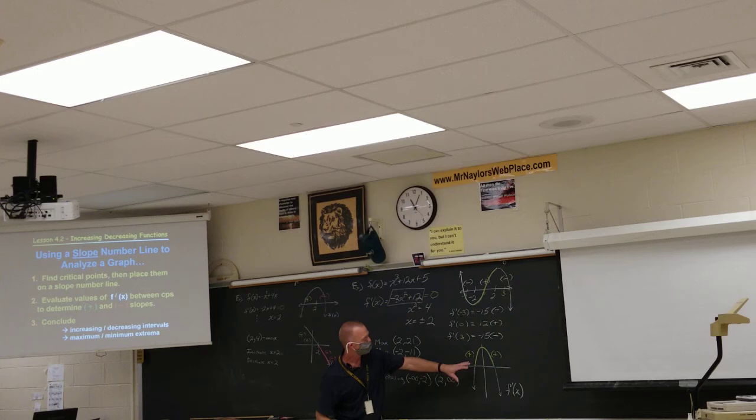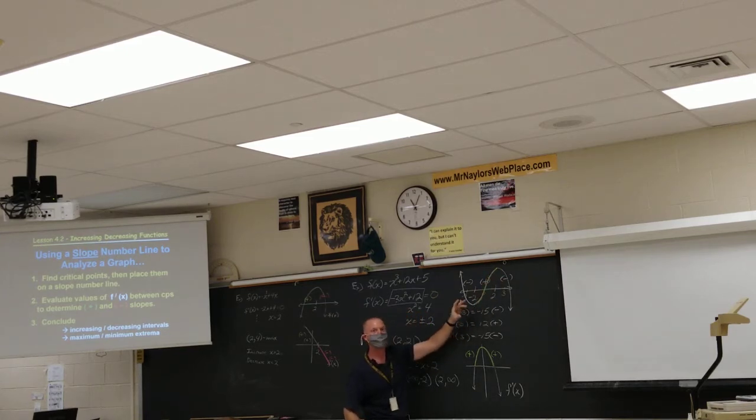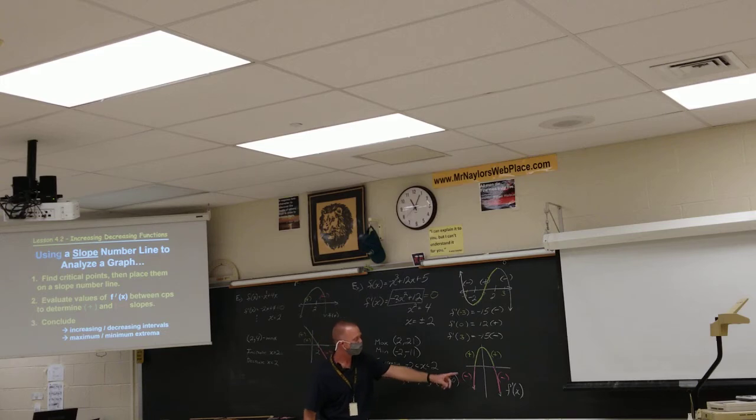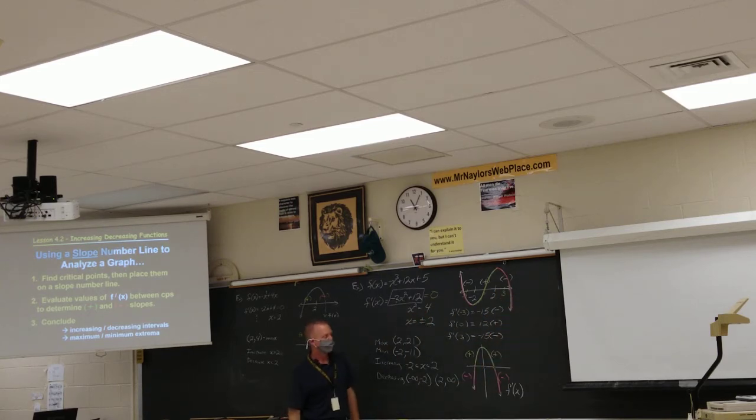Now that's kind of neat if you make that connection with me, that this arch right here is actually referring to this S-curve, this positive slope. And then in the opposite manner, these negative values are referring to these negative slopes. And these negative slopes, of course, are going down.